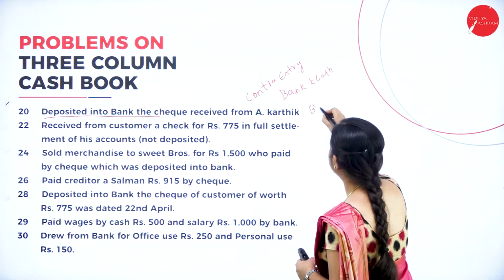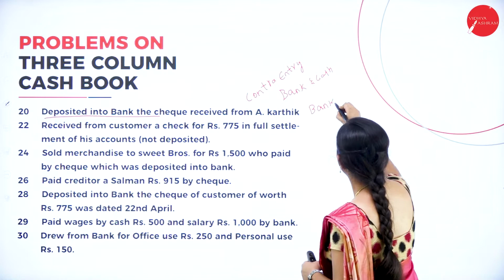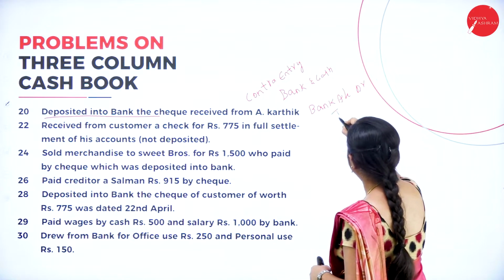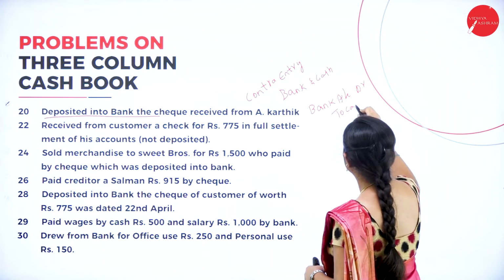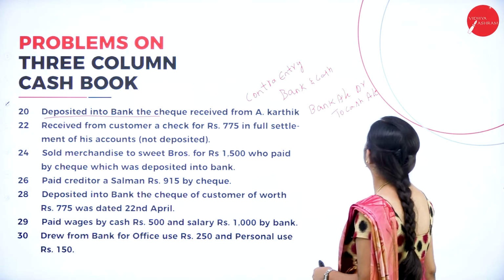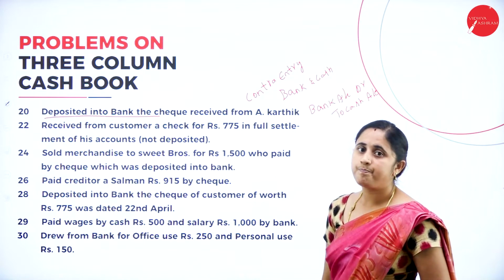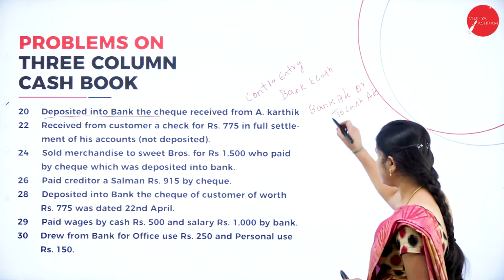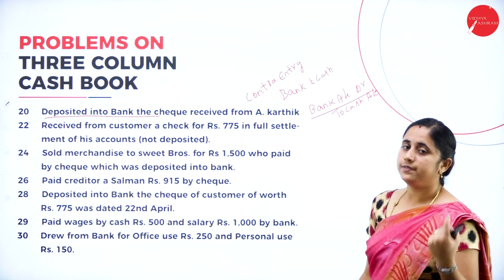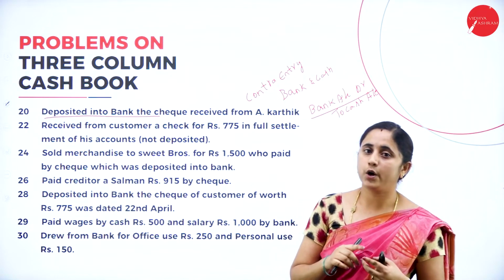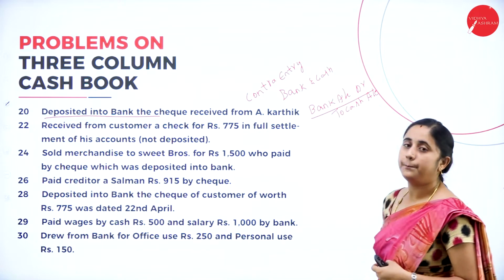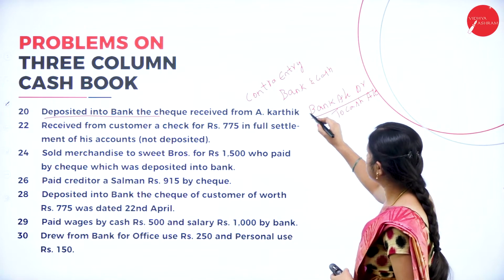So bank account debtor to cash account. Here first consider the bank account. We need to record both the cash and bank transaction. First consider this bank. So here bank is debited.